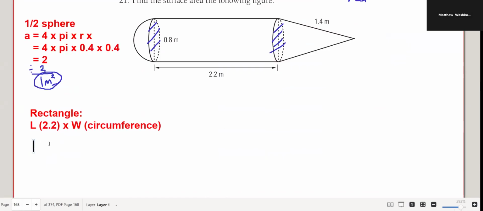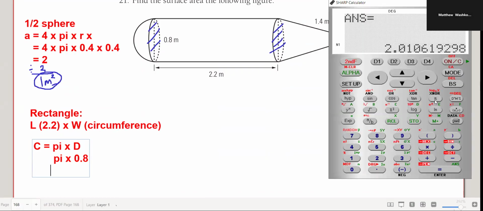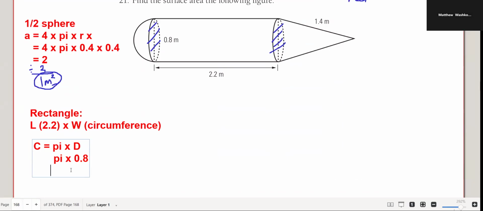So in this case, the circumference, C, is equal to pi times the diameter. Pi times 0.8. 2.5. I was going to say 2.5. Again, let's keep it simple. 2.5 meters. Sorry, just meters.